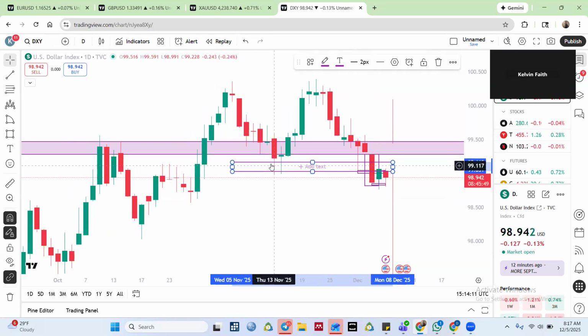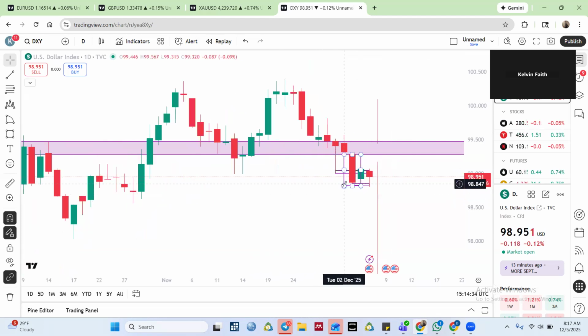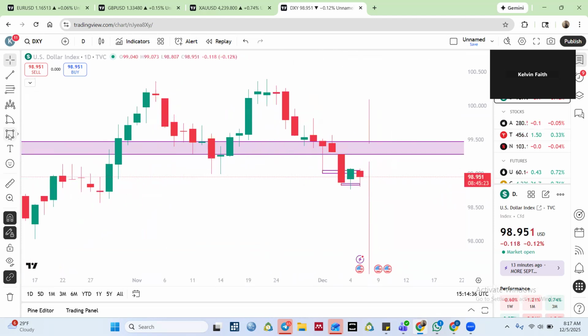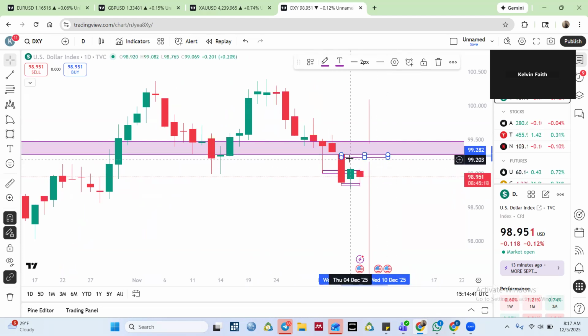This means that the buyers who were sitting here, willing to push the price up, have been crushed, taken out with this big bearish candle. So the buyers here are not active right now. For buyers to be active again, they will need to take this bearish candle out. You see the high of this bearish candle, that area would have to be taken out.